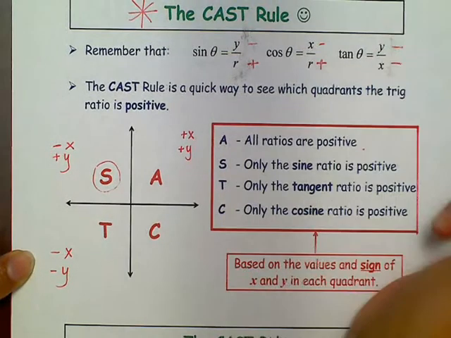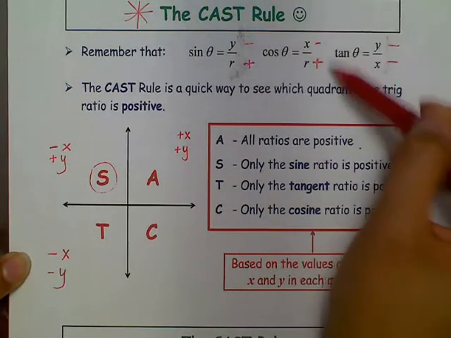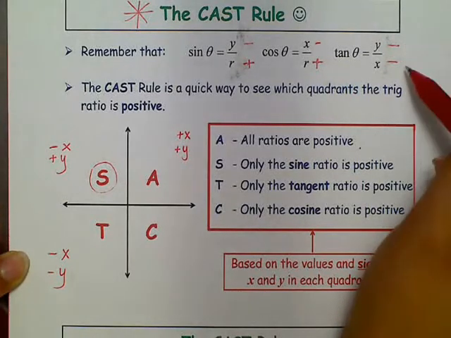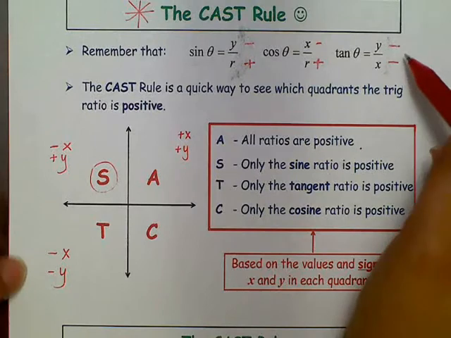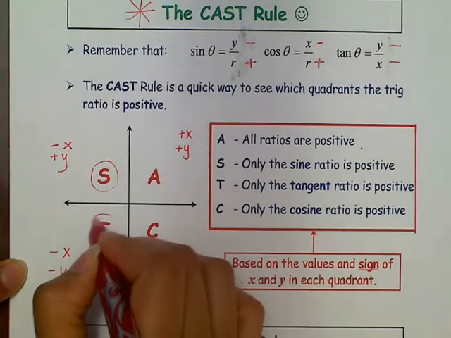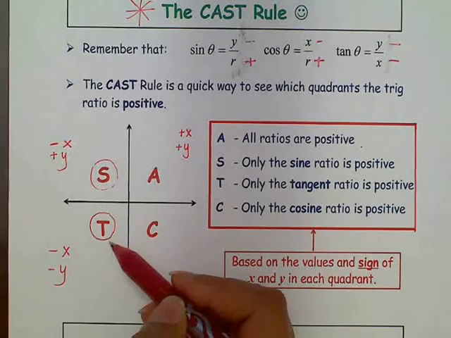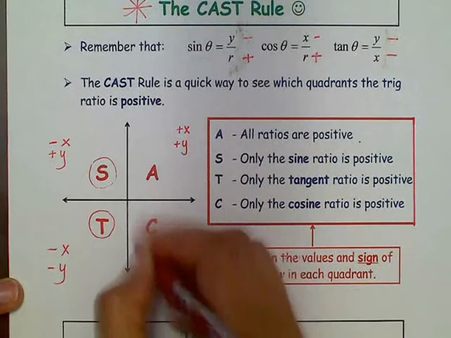Now I have negative over positive, negative over positive. Both of these will give me negative results. However, here I have negative over negative, which means I'll get a positive result when I look for the ratio for tangent. If you notice, T represents tangent in that quadrant, so only the tangent ratio is positive here. Same idea for cosine.